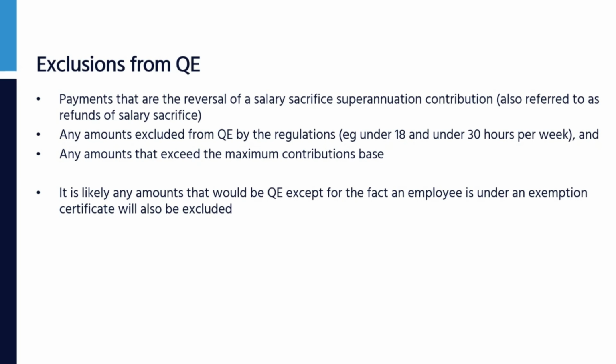So basically, I'm not confident to say this definitely at the moment, just because we don't have all of the information, but it's likely that any amounts that would be qualifying earnings, except the fact that the employee is under an exemption certificate, would be excluded. That's similar to the maximum contribution base, where if an employee has two jobs and they're earning decent money at one job, such that they're going to hit the maximum contribution base at that first job, and they don't want super taken out at their second job, they can get an exemption certificate.